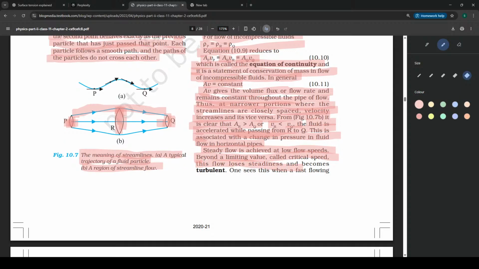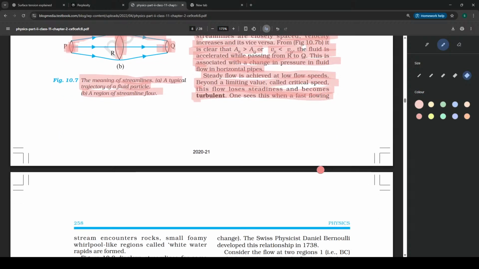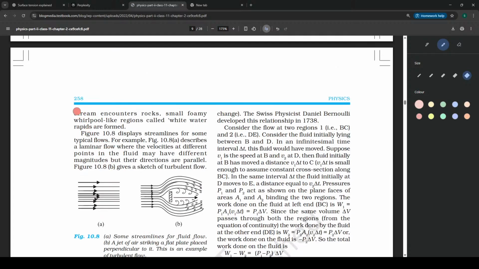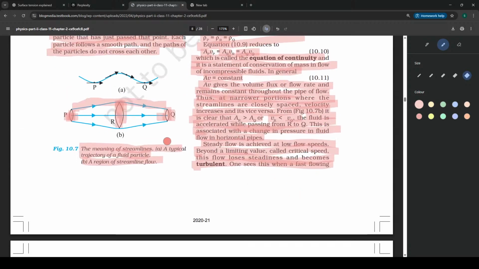Beyond this, the flow loses steadiness and becomes turbulent. One sees, when a fast flowing stream encounters rocks, small foamy whirlpool-like regions called whitewater rapids are formed. Okay, let's see what they said here.